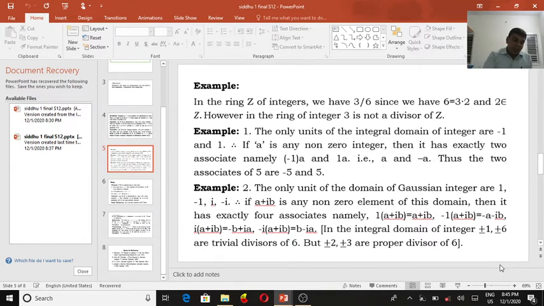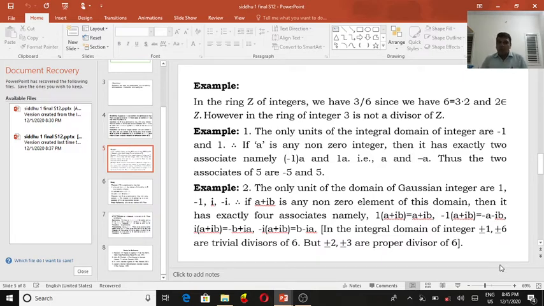If A is an element, we multiply minus 1 of A and 1 of A, so A and minus A. Thus, the 2 associates of A are A and minus A. Suppose we take 5, the associates of 5 are minus 5 and plus 5.